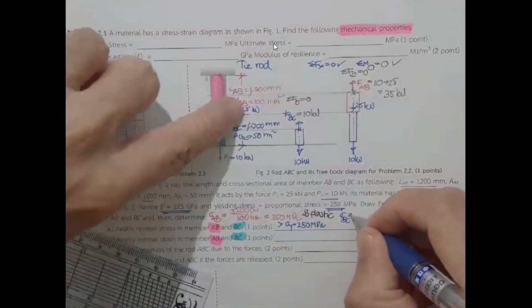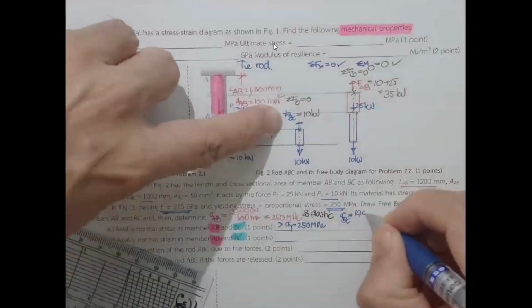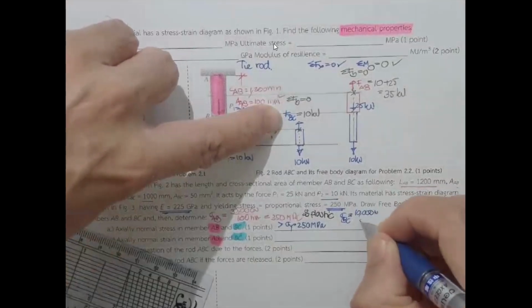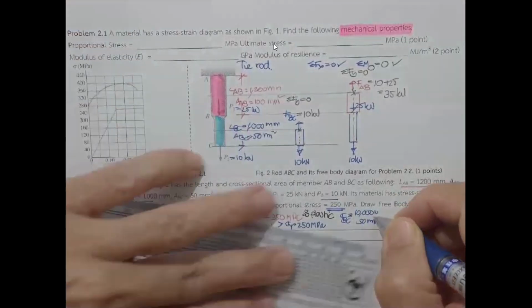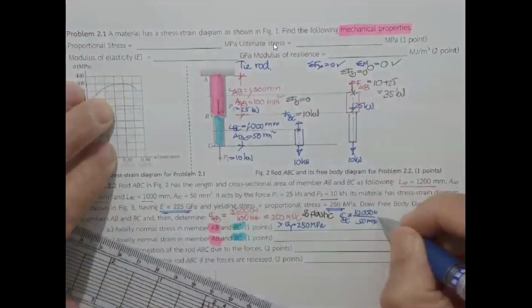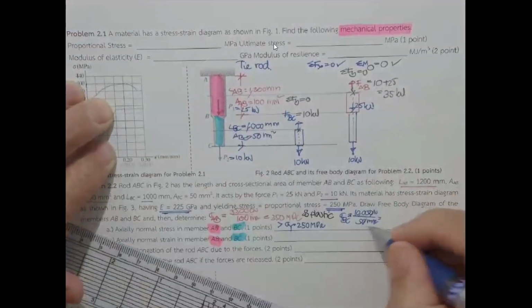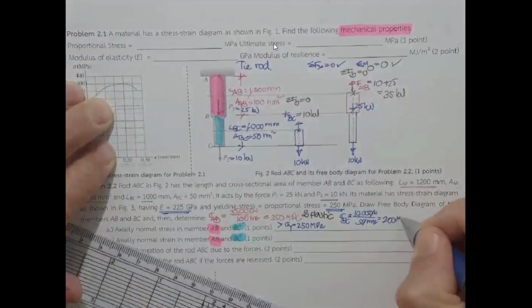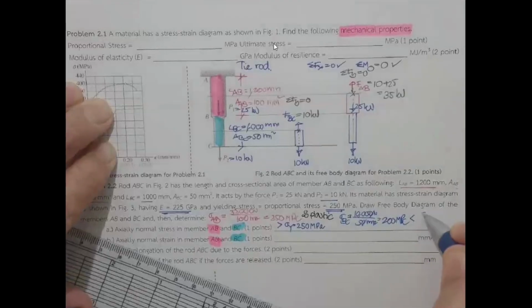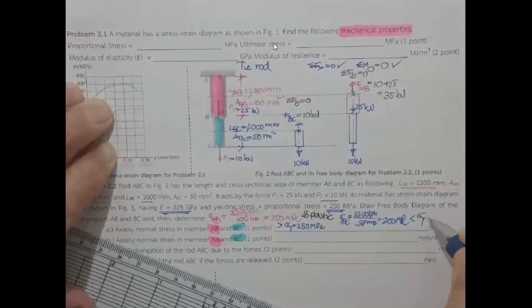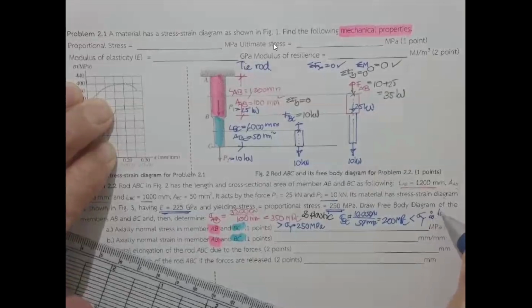That's going to be 10,000 newton divided by the area, 50 square millimeter. Cutting, 1,000 divided by 5, we get 200 megapascal. This one is less than sigma sub Y. Therefore, this is going to be in the linear elastic behavior. Just put it over here.